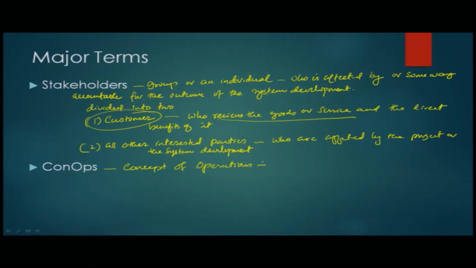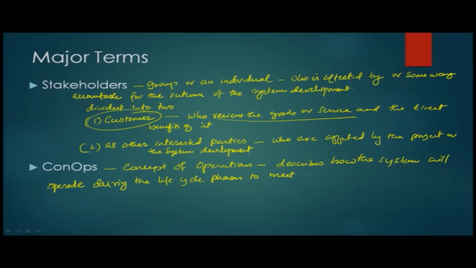It is a document that describes how the system will operate during the life cycle phases to meet stakeholder expectations. So, how will the system operate? How will the system work?